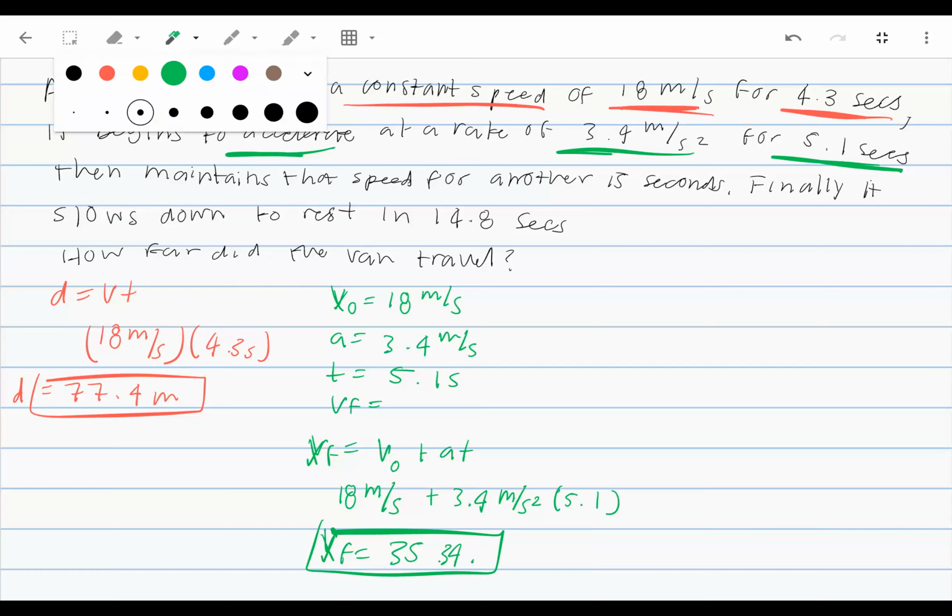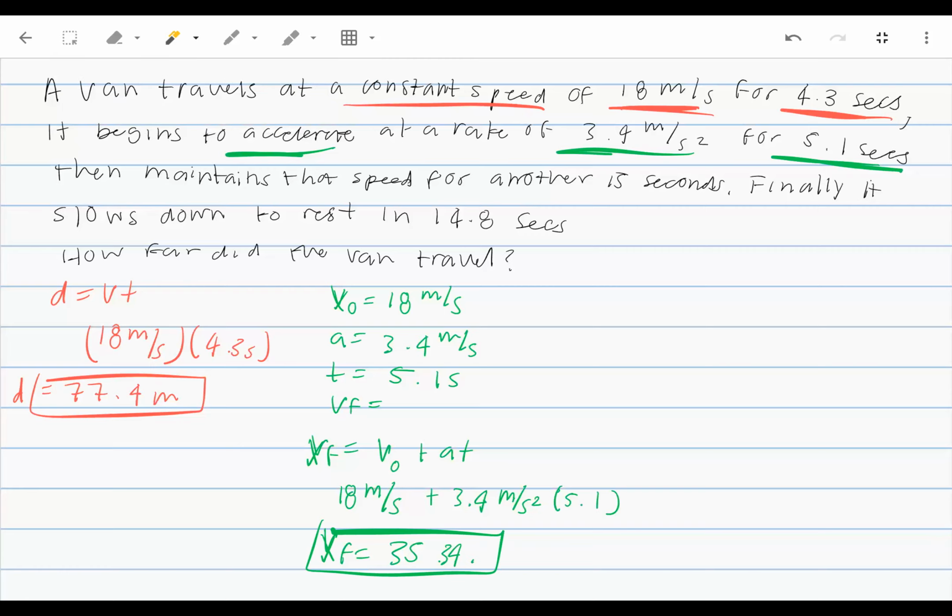Okay, now for the next part, it maintains the speed for another 15 seconds.